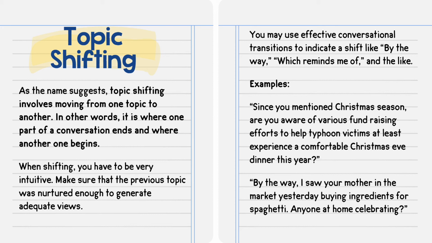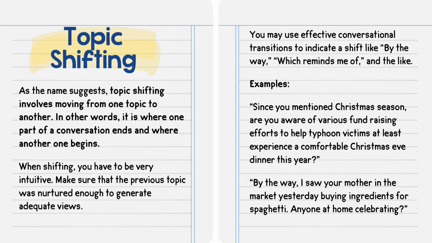So, in this conversation, sinasabi nung speaker na, since nabanggit mo yung Christmas season, alam mo ba na merong mga nangyayari ngayon na parang donation drive para naman makaranas ng Noche Buena, yung mga nasalanta ng bagyo? Okay. So, yun yung inaano niya. Nabanggit mo, by the way, speaking of the, gano'n, di ba mga gano'n?